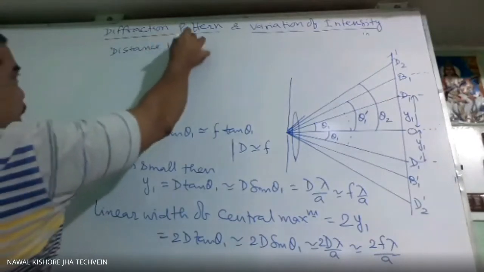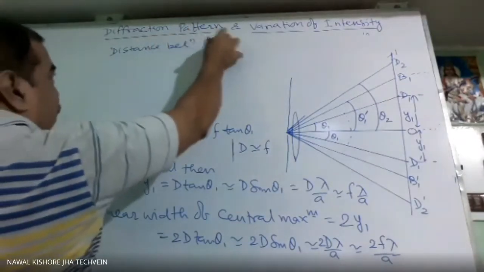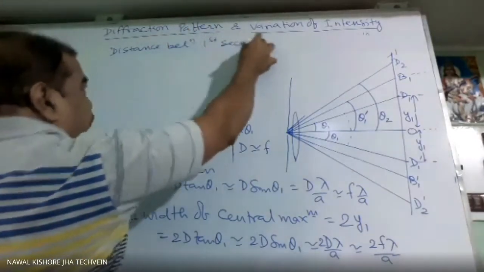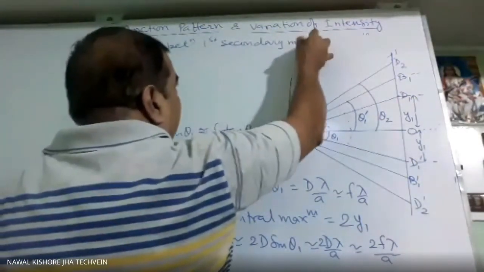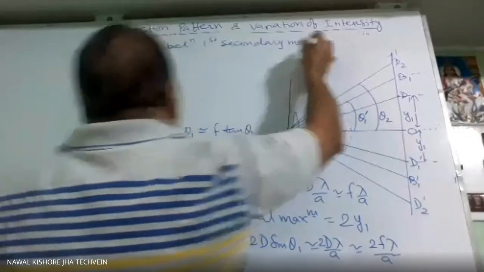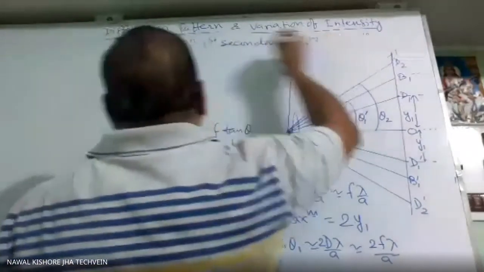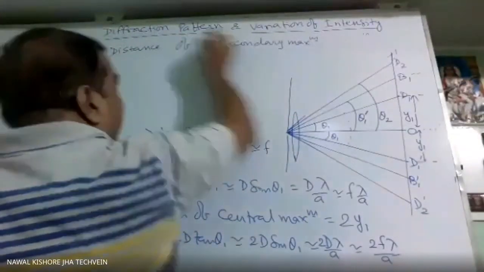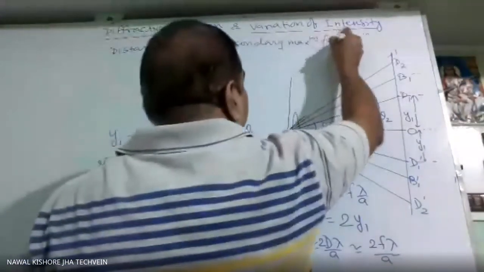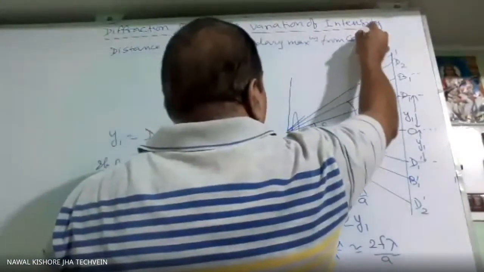The distance of the first secondary maximum from the central bright.